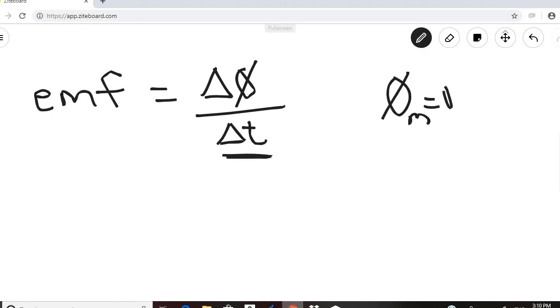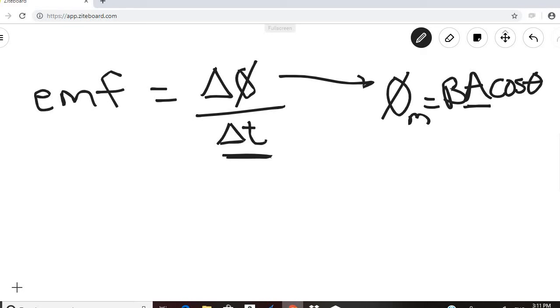We said that the magnetic flux is equal to B times A, times the cosine of the angle. And all this is just the change in this and this. So what this shows us is that, in that experiment, the A is constant. The area of the loop doesn't change.